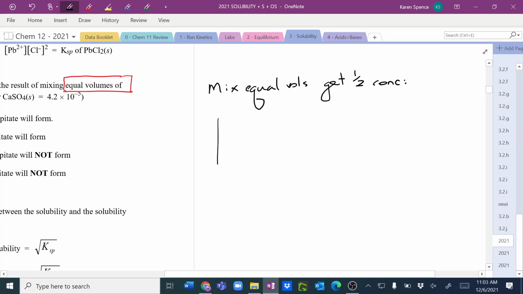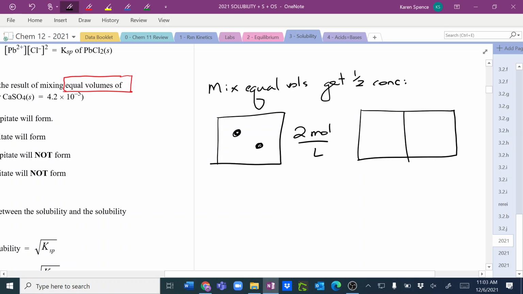So let's say that our concentration was 2 moles per liter. Let's say we now double the volume, right? Because we've mixed equal volumes.